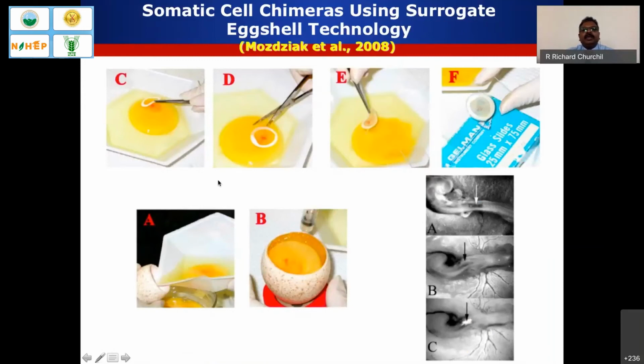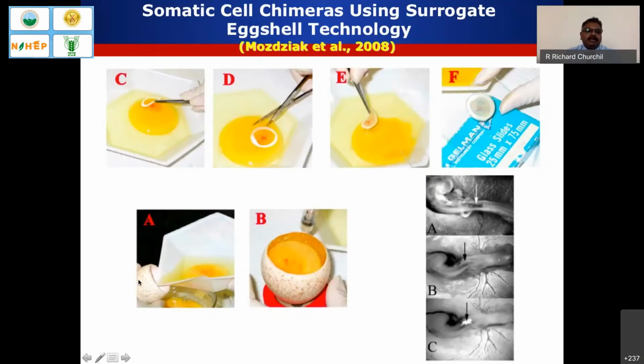So this is a donor egg where the embryo, I told you the 2-day-old embryo, is excised, and from this the primordial germ cells are collected, and this is a surrogate shell.